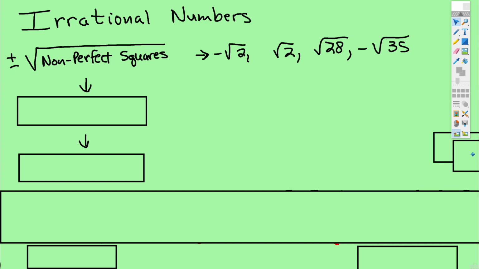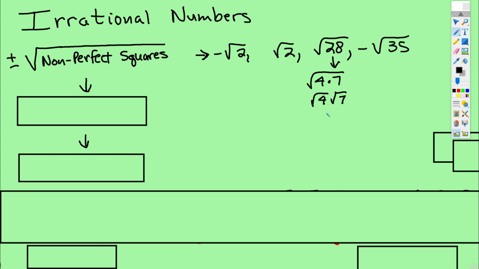So an example of non-perfect squares would be the negative square root of 2, positive square root of 2, square root of 28, negative square root of 35. However, the square root of 28, we can rewrite that as 4 times 7. And now this really is saying the square root of 4 times the square root of 7.